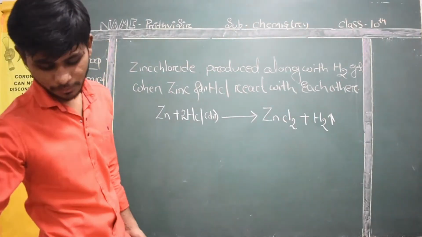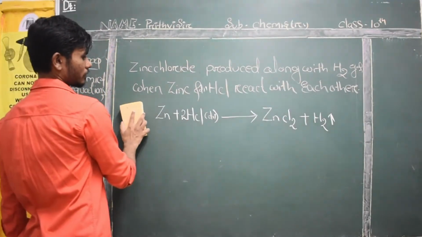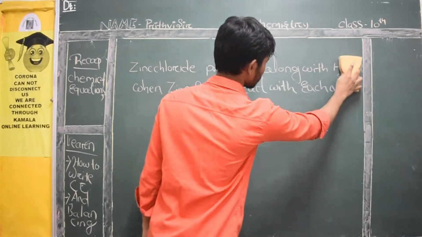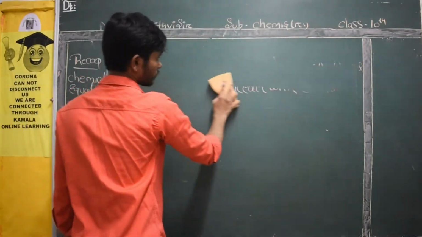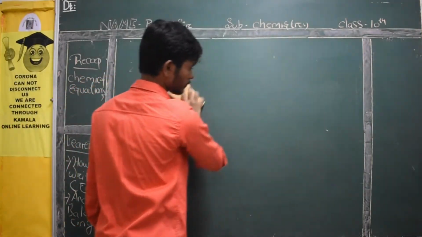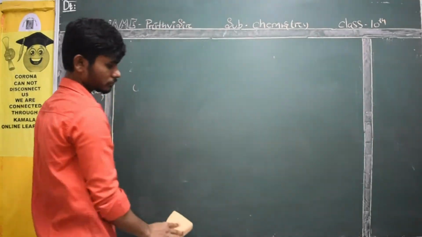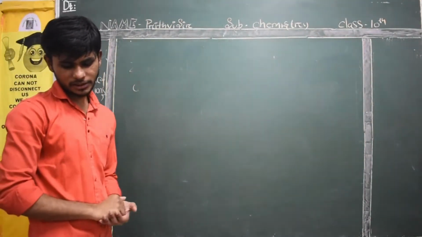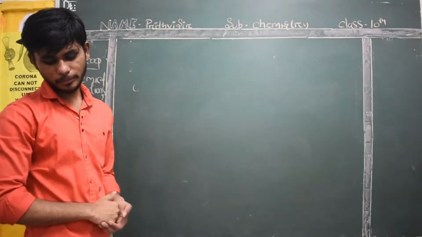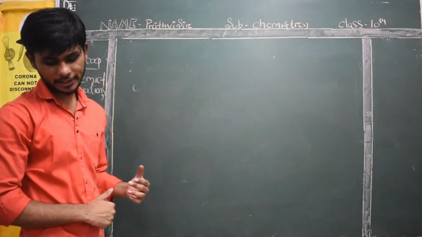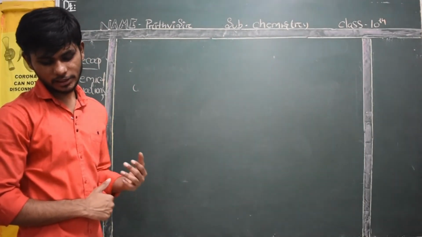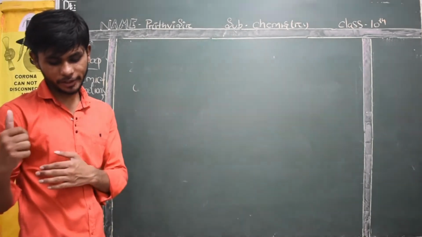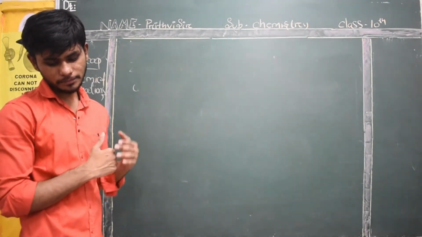Let me write another equation. Sodium sulfate reacts with barium chloride to give a white precipitate of barium sulfate and sodium chloride.